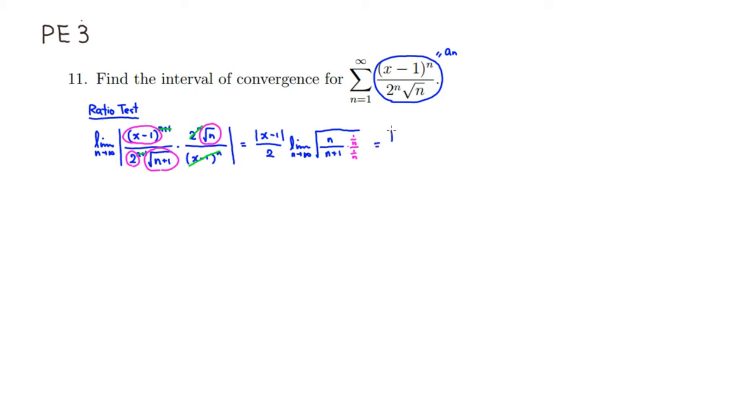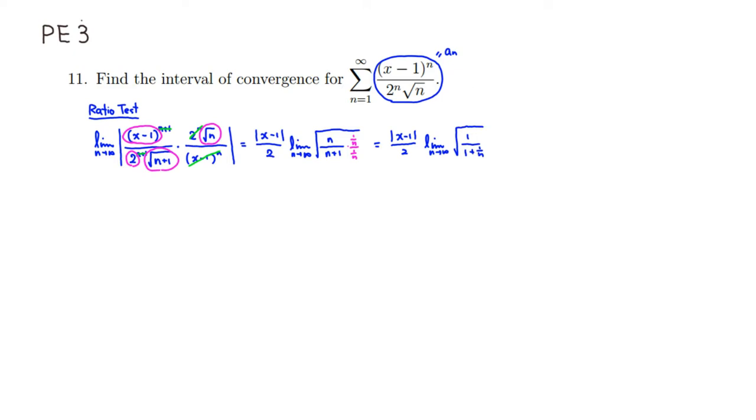So you have a constant, absolute value of x minus 1 over 2, and then you have a limit as n approaches infinity of the square root. n divided by n is 1, and n divided by n is 1; 1 divided by n is 1 over n.